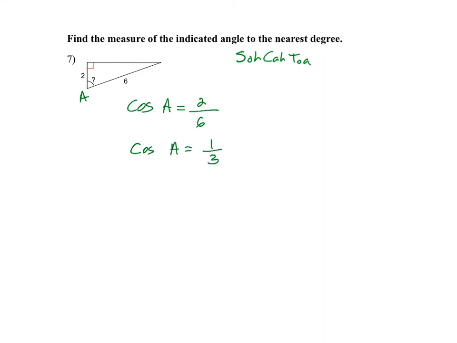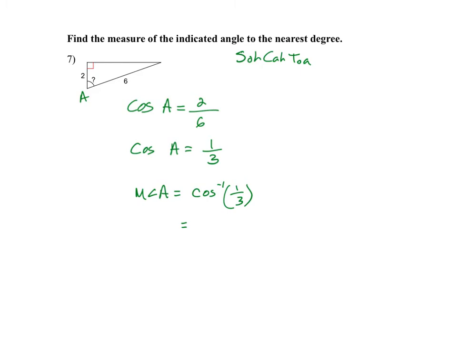Now I'm going to go to my calculator to find the measure of angle A. I need the inverse of cosine, so I have to use this feature. On most calculators, you have to click first on the second function to find this function, which should be on top of the cosine.